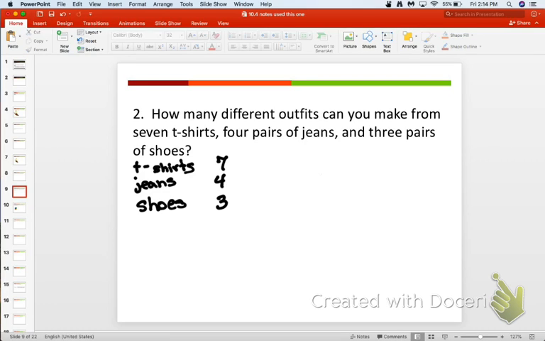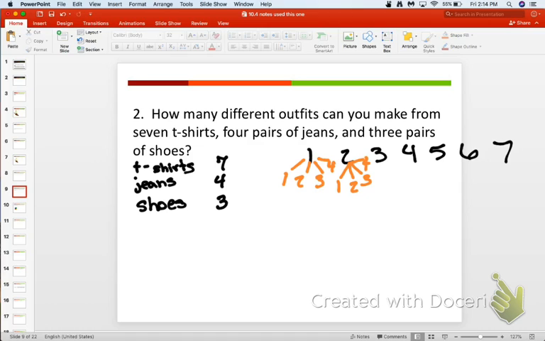Now, would you really want to make a tree diagram for this is the next question. So I'm going to start a tree diagram and just let you see how it goes out. I'm going to number my t-shirts 1 through 7. And then I'm going to number my jeans, 1, 2, 3, 4, and my shoes, 1, 2, 3. You see how it gets really cramped really fast?